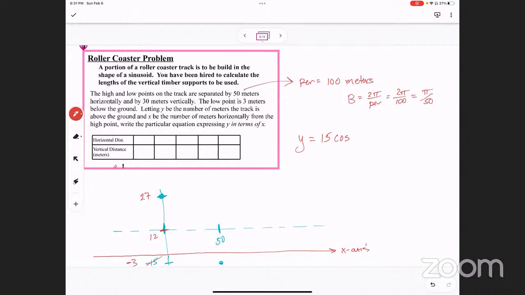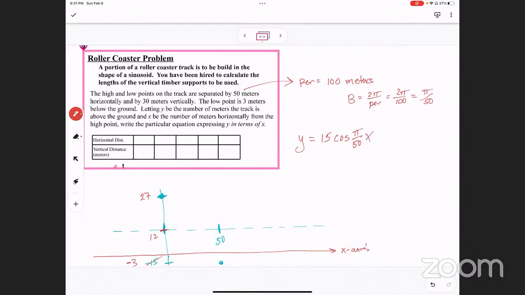Got it? So what's my b? I already did it for you. What did I write? Pi over 50. Right? Pi over 50, then what? What do I write? I'll help you out here.